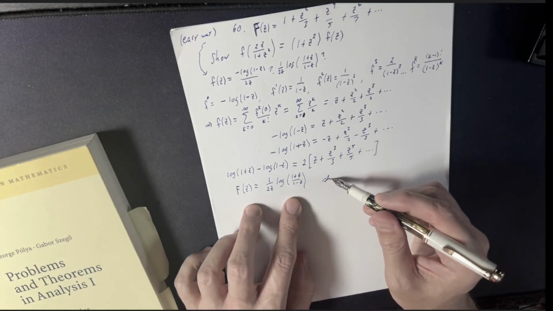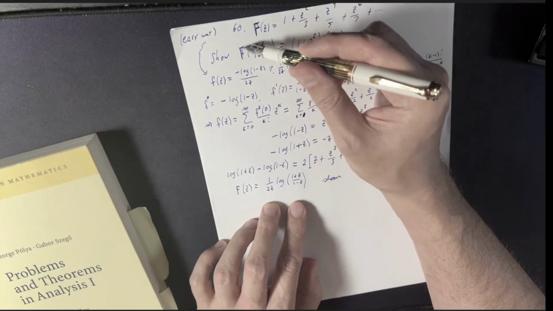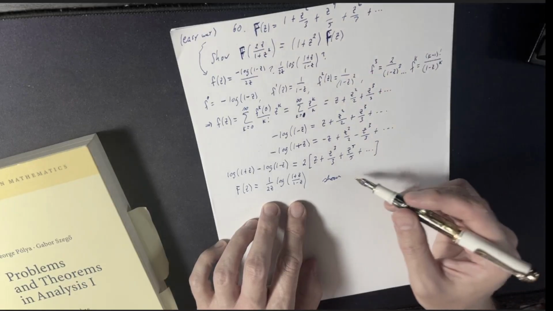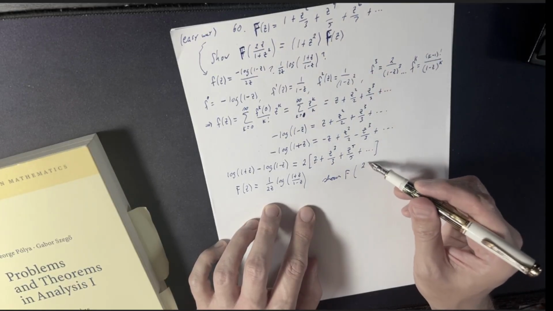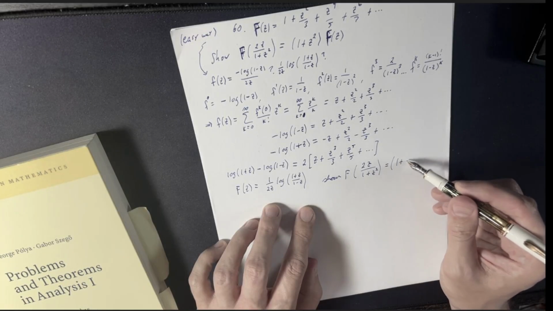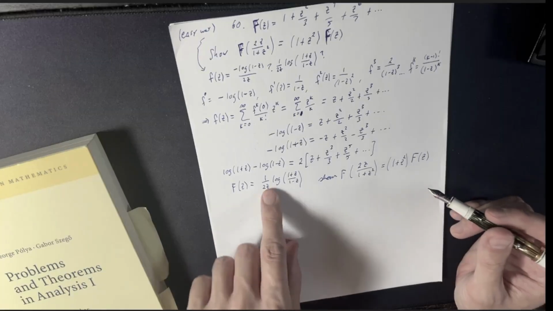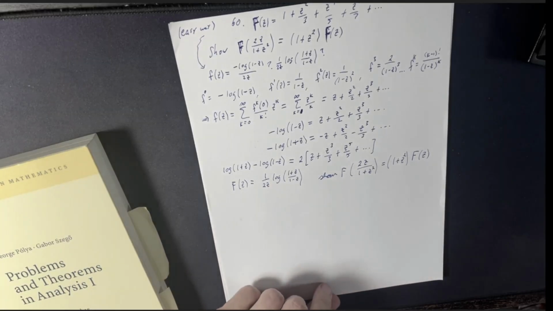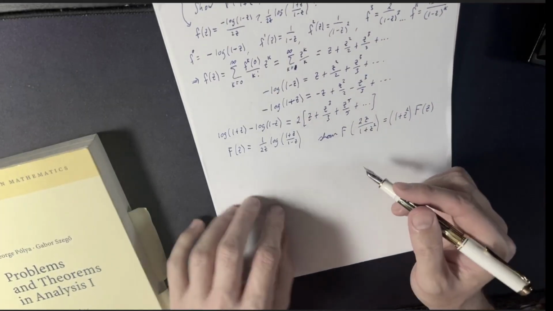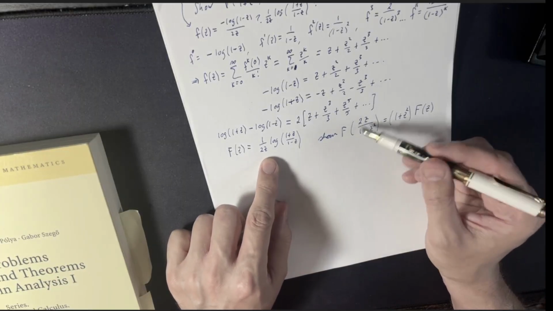Now we want to show that this function in particular satisfies this: if I plug in 2z over 1 plus z squared, it's also equal to 1 plus z squared times itself. So show that this happens with this particular log function. Yeah, it looks scary, but it's actually not so bad. So we got 1 over 2, we got basically the reciprocal of this, right?